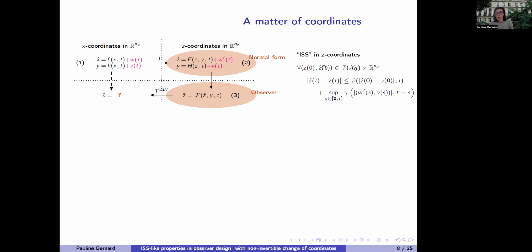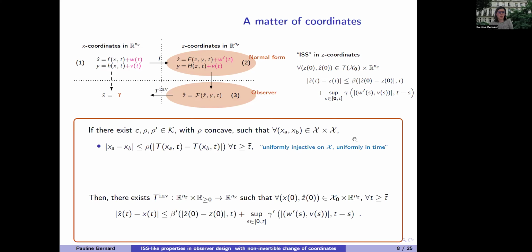So generally, you don't even have any restriction on z hat. You could have, like in the Kalman design, but even if you don't have any restriction, you have this kind of property. So this is in the Z coordinates, and you may want to ask, under which condition can you say that you recover this nice property in the initial coordinates?